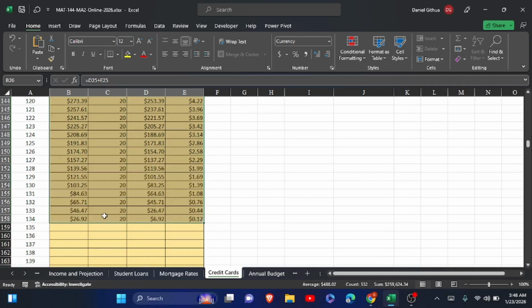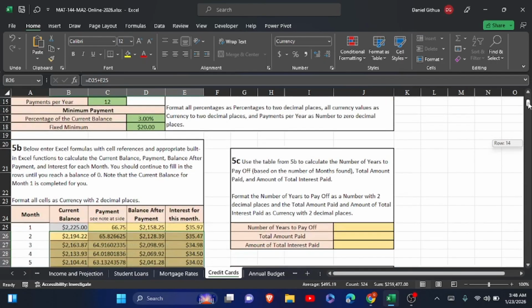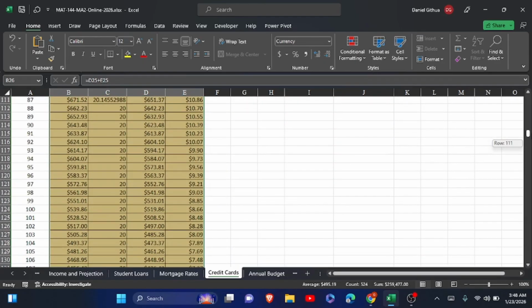We can see it's almost 65, so we just drag it up a bit. Yes, and that is it. So this is the payment. We have ensured that the current balance is up to that payment of almost 66.